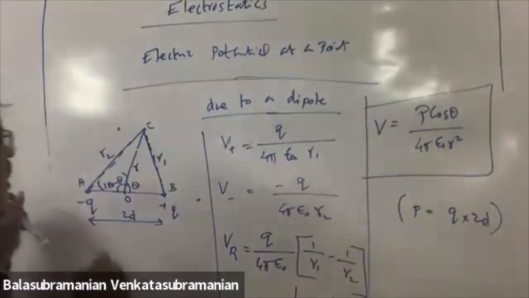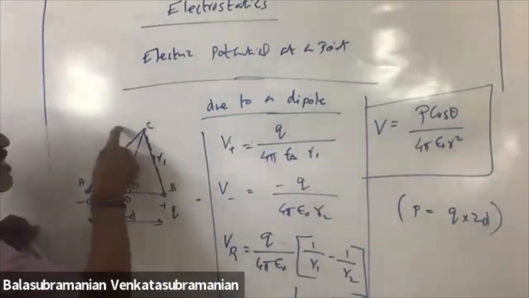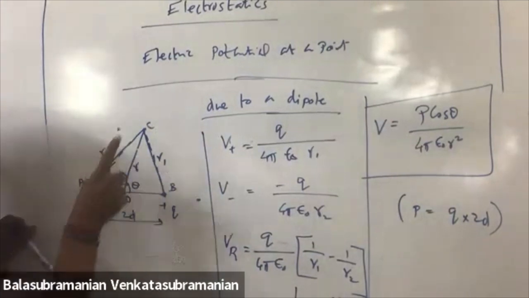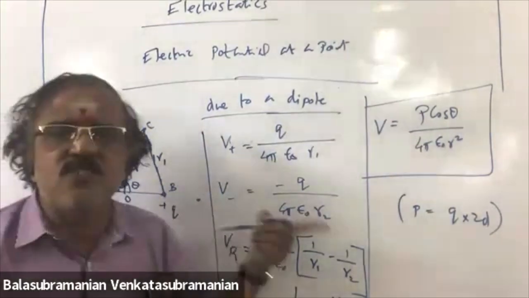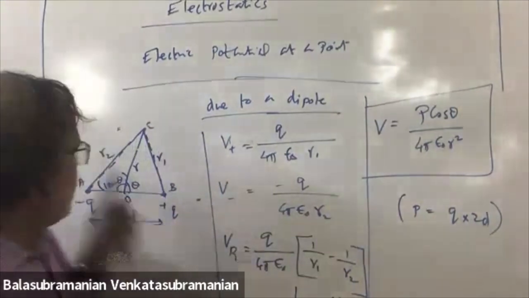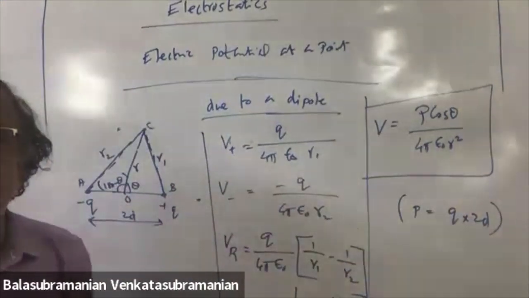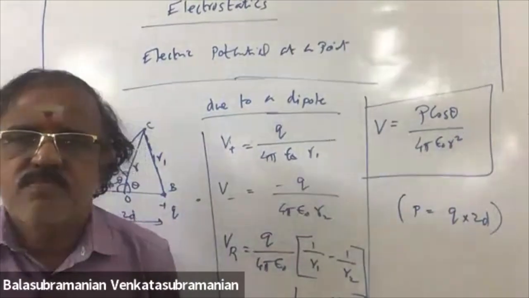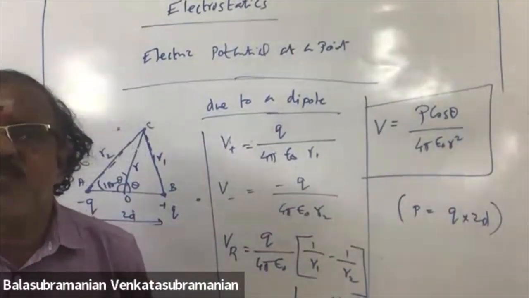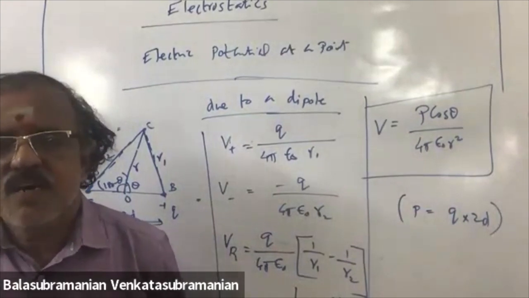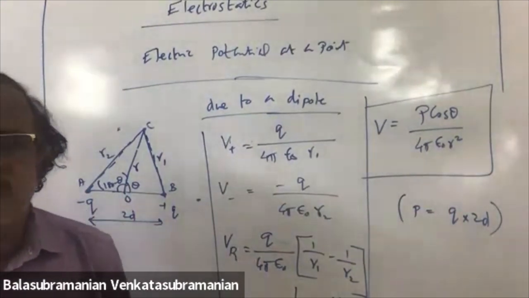Don't draw the diagram such that point C is exactly at the perpendicular bisector. If you draw the diagram, that is wrong, because theta 90 means the value of V is 0. You cannot explain further. Correct? So this is the electric potential at a point due to a dipole.